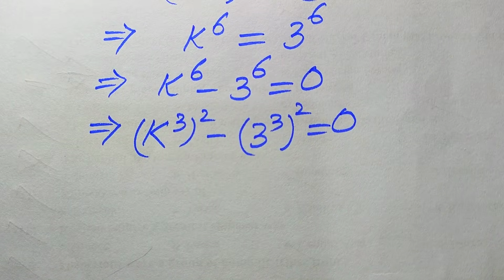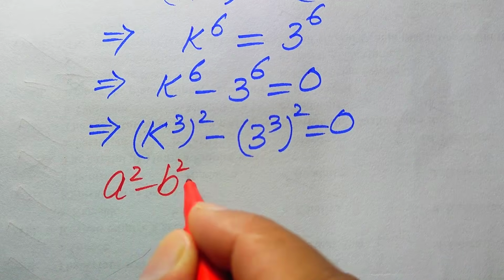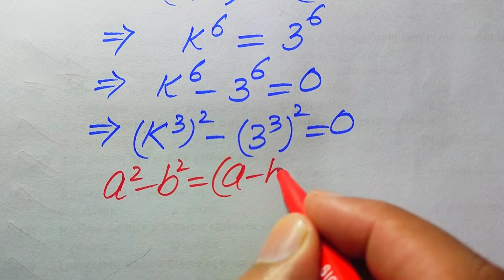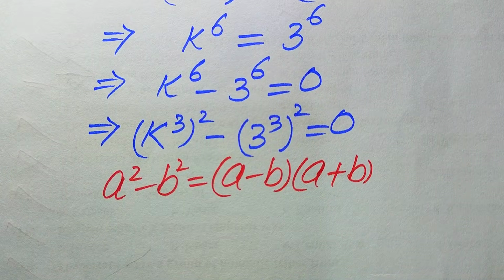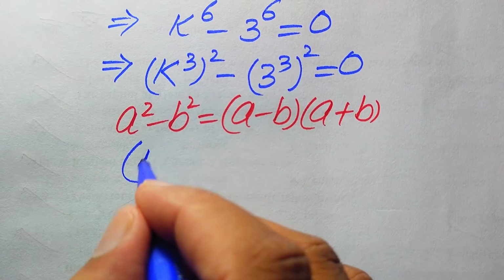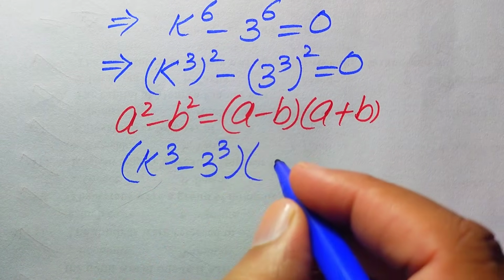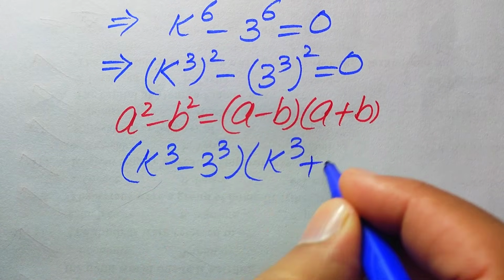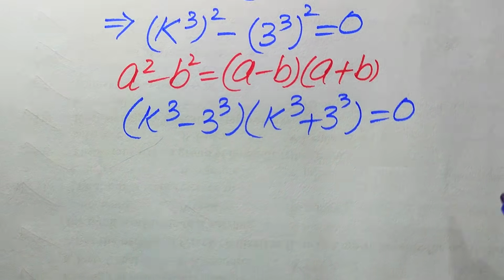Further we use the nice square identity. You know that a square minus b square equals a minus b times a plus b. According to this formula we write the above equation as k cubed minus 3 cubed times k cubed plus 3 cubed equals 0.